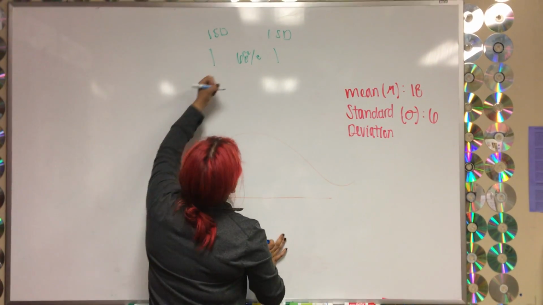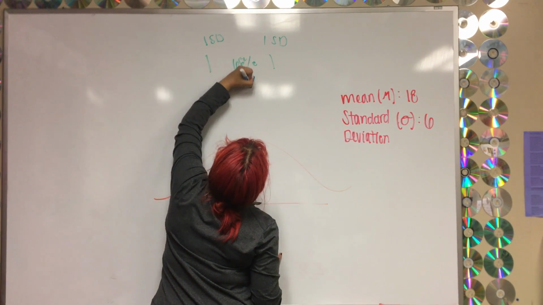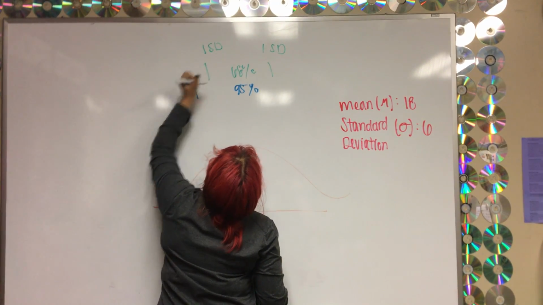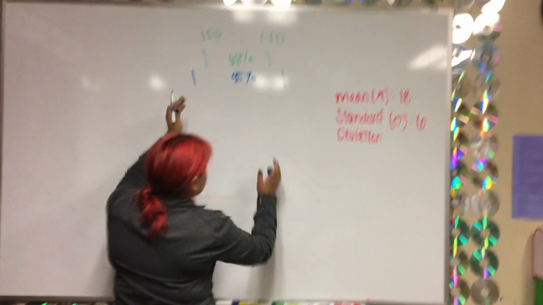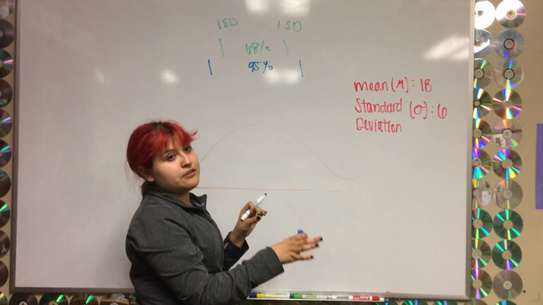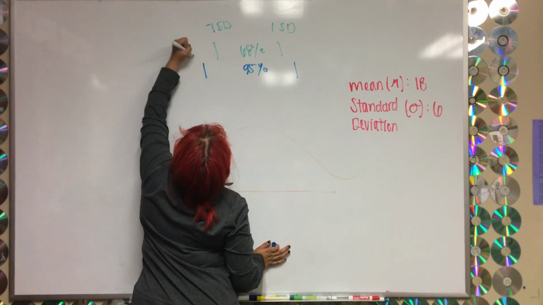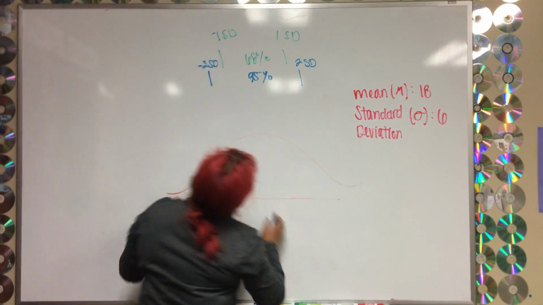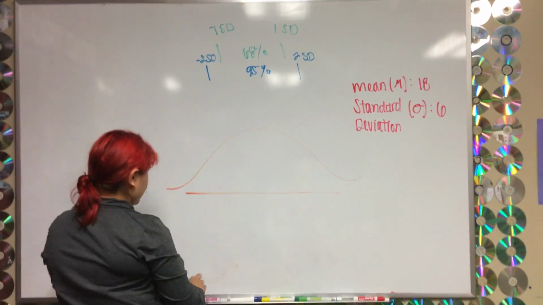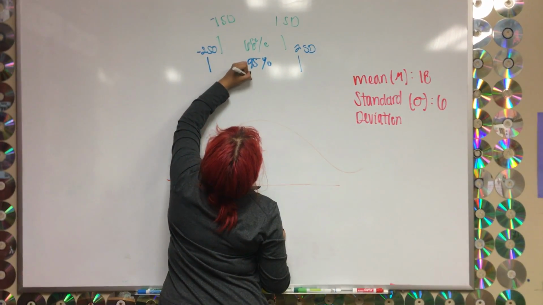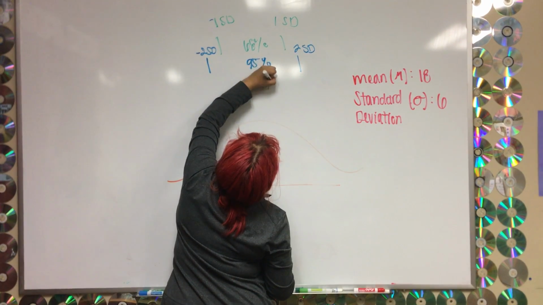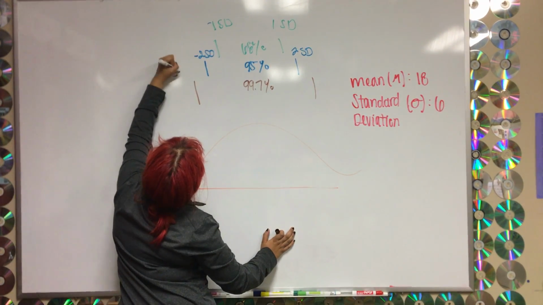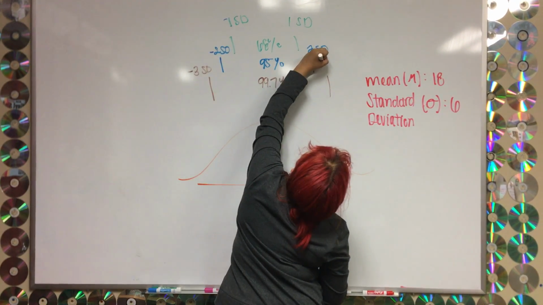The middle 95% states that, oops, let me draw that a little farther away, that the middle 95% is 2 standard deviations away from the mean. That's a negative 2 standard deviations, positive 2 standard deviations away from the mean. And lastly, the middle 99.7% of the normal distribution is 3 standard deviations away from the mean.